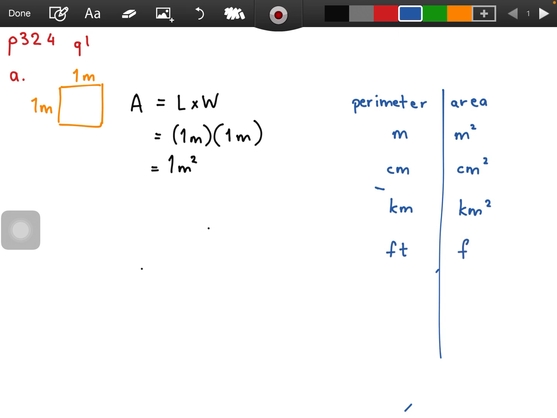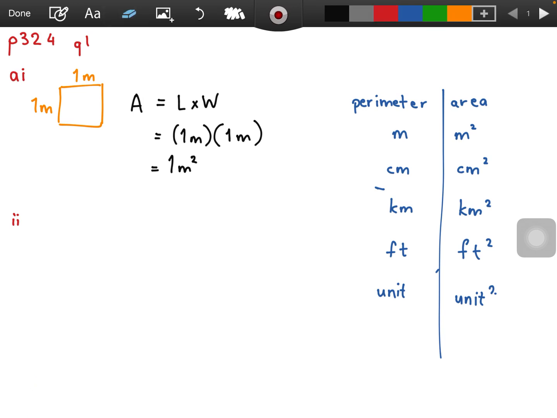If it's in kilometers, then our area is kilometers squared. If it's in feet, then our area is feet squared. If it's in any unit, then the area is whatever that unit is squared. Okay, so that's question 1, or sorry, part 1.